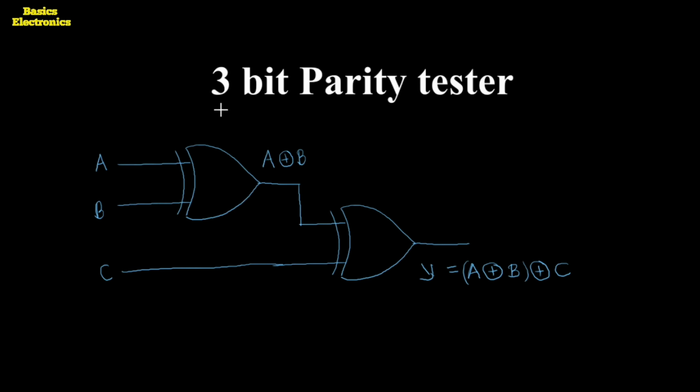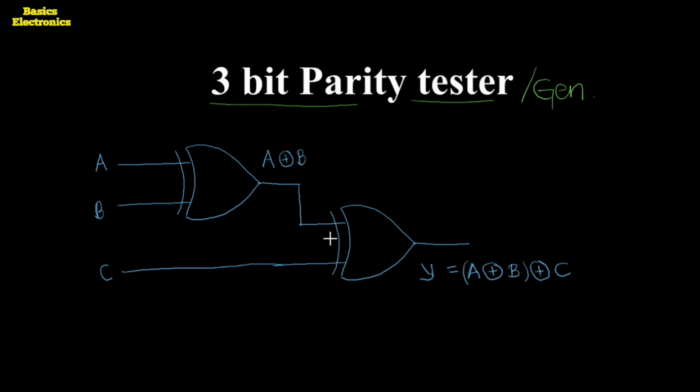Here we have the 3-bit parity tester, or we can say the parity generator, or a parity checker. Here we use 2 XOR gates because a 3 input XOR gate is not available, so we construct the 3 input XOR gate. If we have to construct an 8-bit parity tester, then we have to increase the number of XOR gates.